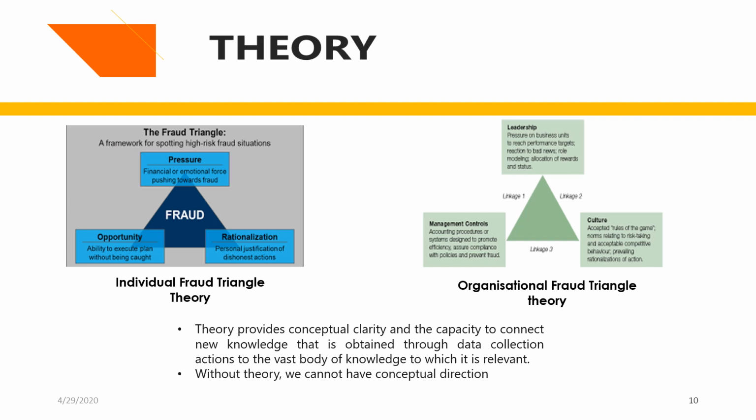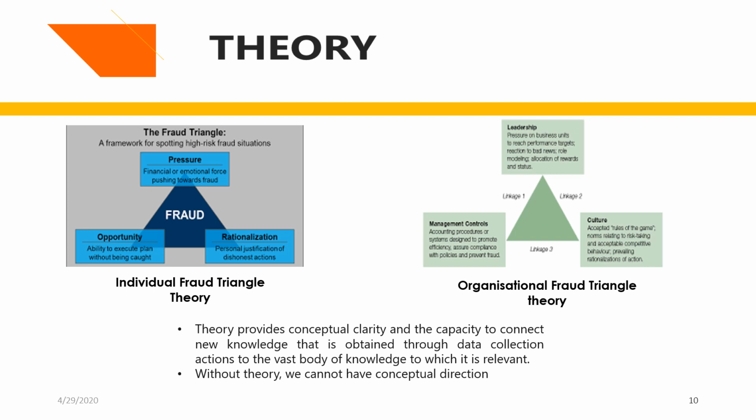Research objective number two, you want to examine whether management control system will influence the level of fraud. And research objective number three, you may examine whether culture determines the level of fraud in the organization.